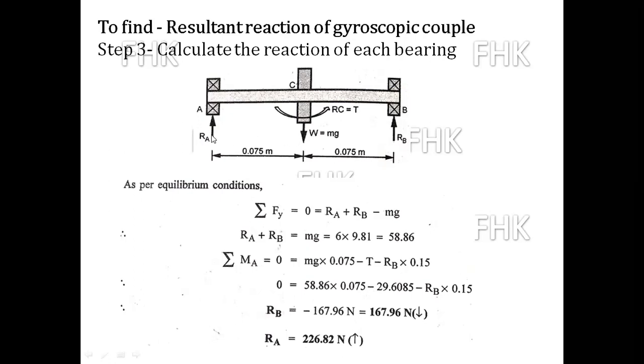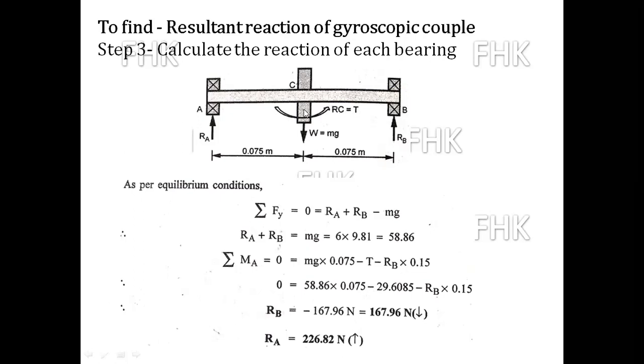So the moment at A of the weight is W into 0.075. Minus T, where T is the reactive couple, which we have already found in the previous step. We are interested in the reactive couple, RC. The magnitude was already found by I ω ωp, and the direction is anticlockwise.